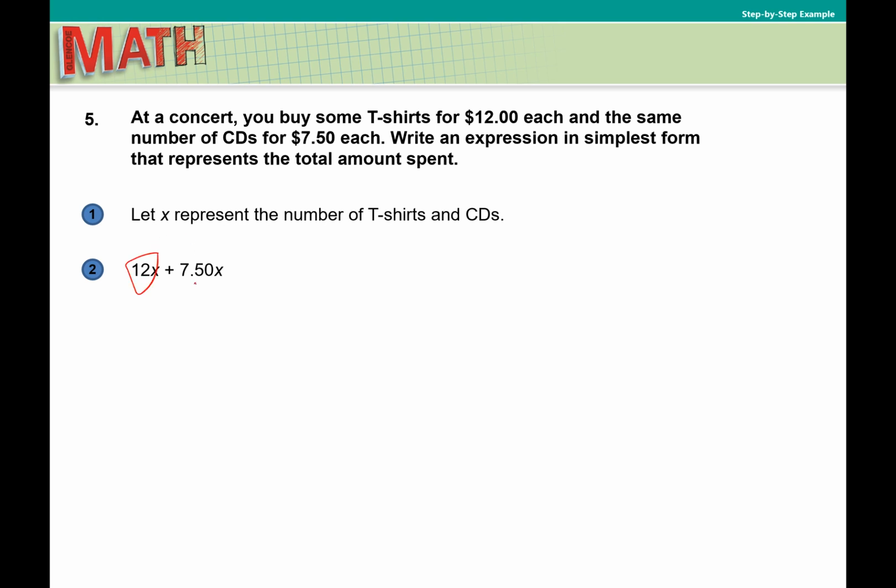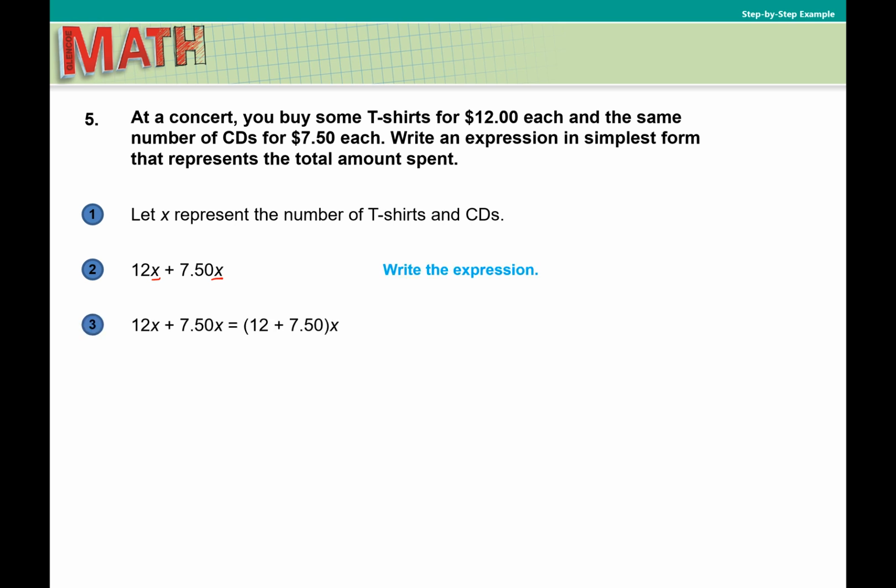So we look at this, we know that we're going to buy whatever number of t-shirts will be represented by 12X, right? X is however many we end up getting, and each one of those is going to cost us $12. So 12X, and then we're going to add to that the same number, X. Notice that carries over the same number of CDs, and each of those CDs costs $7.50. So we get 7.50X to represent that.